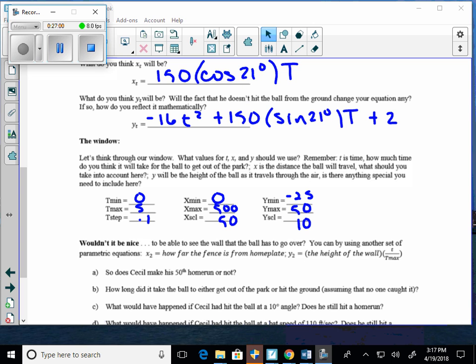We can also do what we call the ball and chain. So go back to y equals. Okay, hit enter until you get that little circle thing with the line.